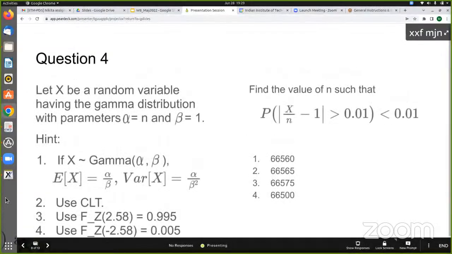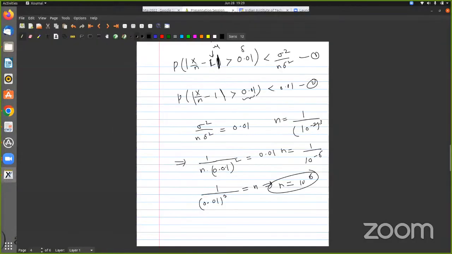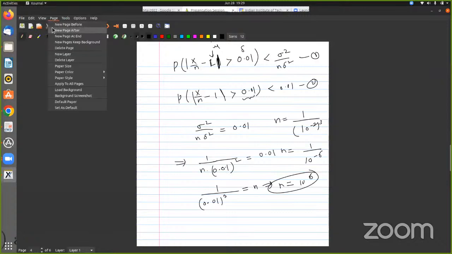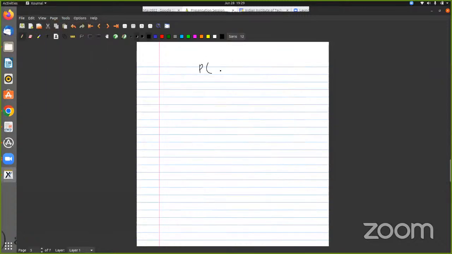It should look like this: probability that mod of Z is greater than some delta is less than 0.01, as given here. So you have to convert this to this form. And we know that the probability that mod of Z is greater than delta is 2 times the probability that Z is greater than delta. Then you have to solve this equation.